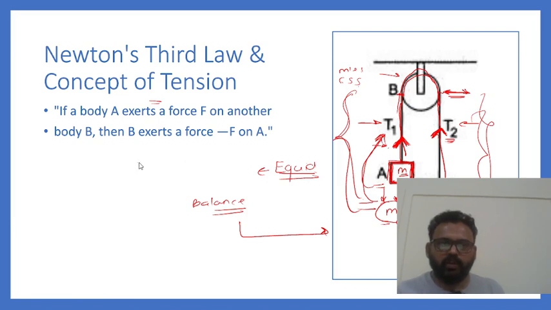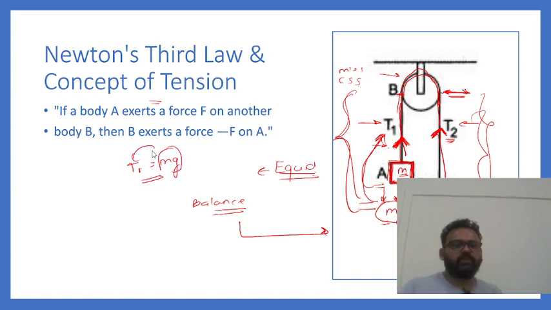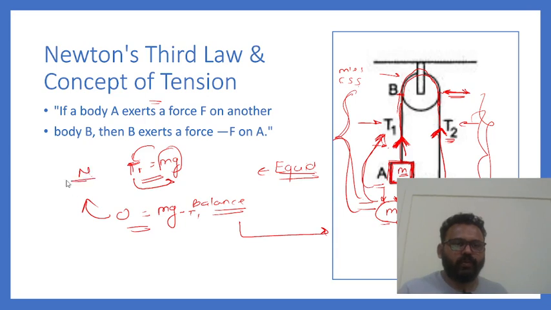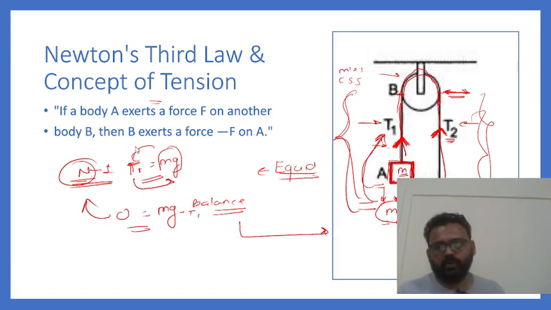So naturally we can conclude that T1 is equal to mg. Why opposite? If we transpose T1 to this side, mg minus T1 will equal 0, which gives the same sense as Newton's first law. What is Newton's first law then? If a body remains unaccelerated, we can conclude that the net force acting on that body is equal to 0.